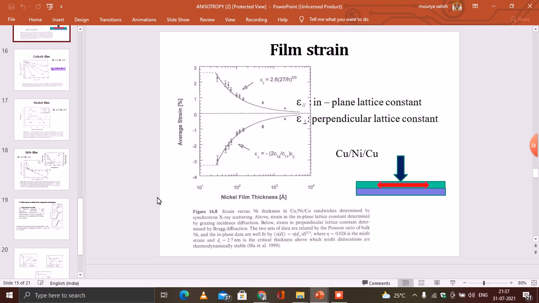Above, strain in the in-plane lattice constant determined by grazing incidence diffraction; below, strain in the perpendicular lattice constant determined by Bragg diffraction. The two sets of data are related by the Poisson ratio of bulk nickel, and the in-plane data are well fit by the model.